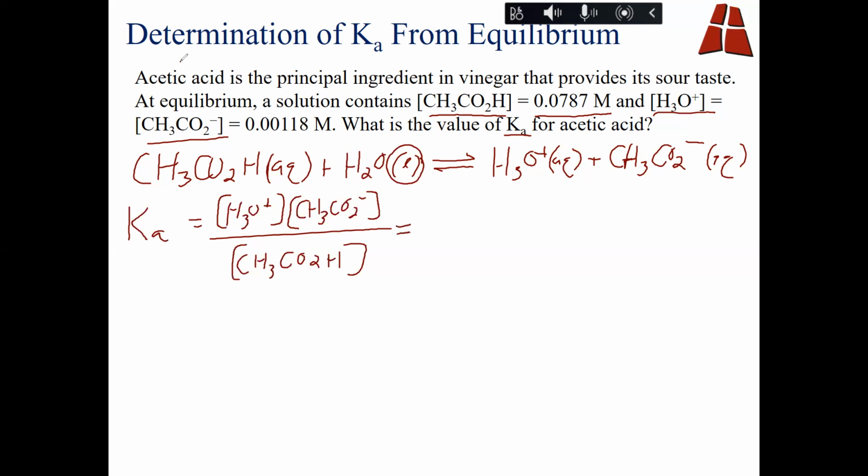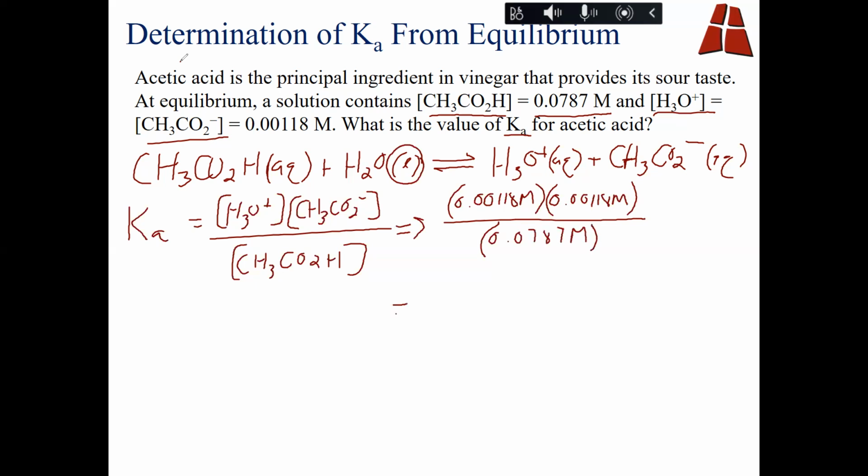We plug in the quantities that were given as part of this question. We would end up with 0.00118 molar multiplied by 0.00118 molar, and then divided by our concentration of our reactant, which is 0.0787 molar.